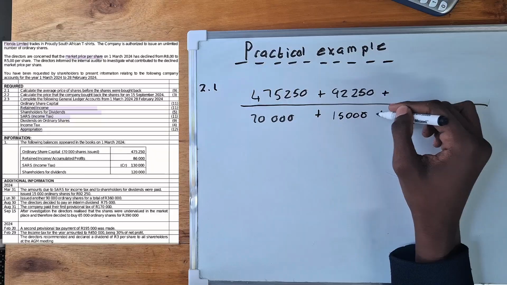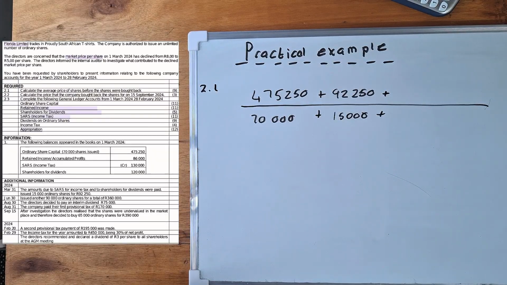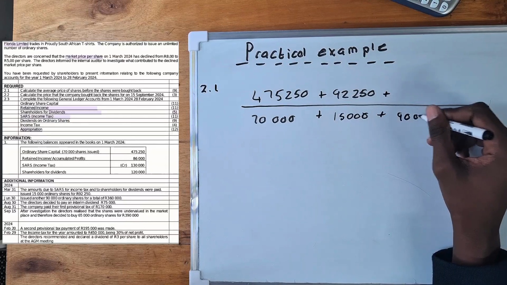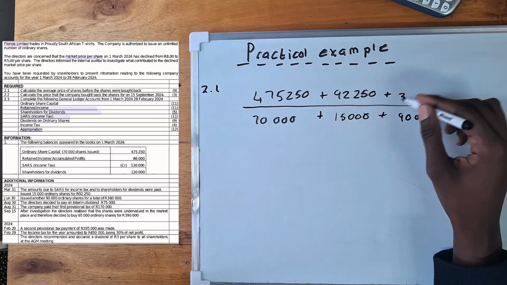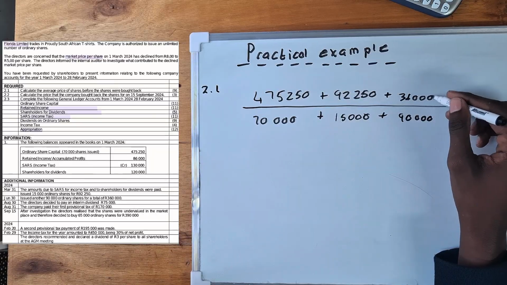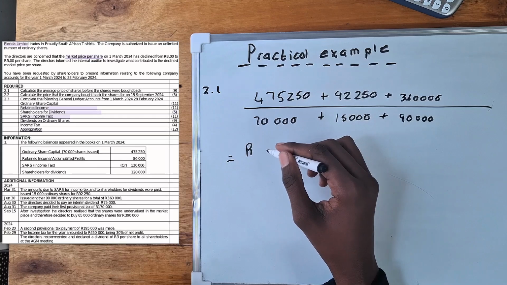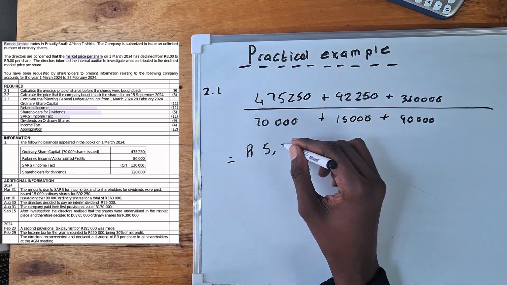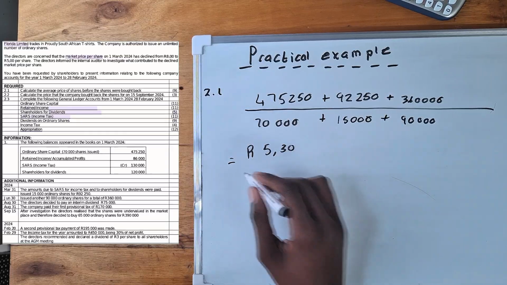And once again, they did issue out even more, which was 90,000 shares for 360,000. So if you type this into your calculator, this will give you a share price of 5 rands and 30 cents, basically 5.3 rands.